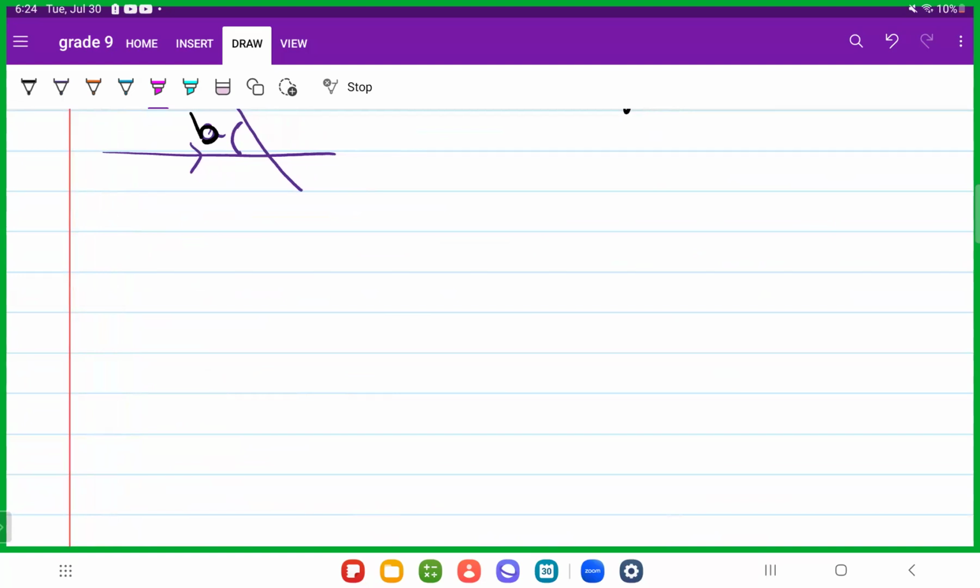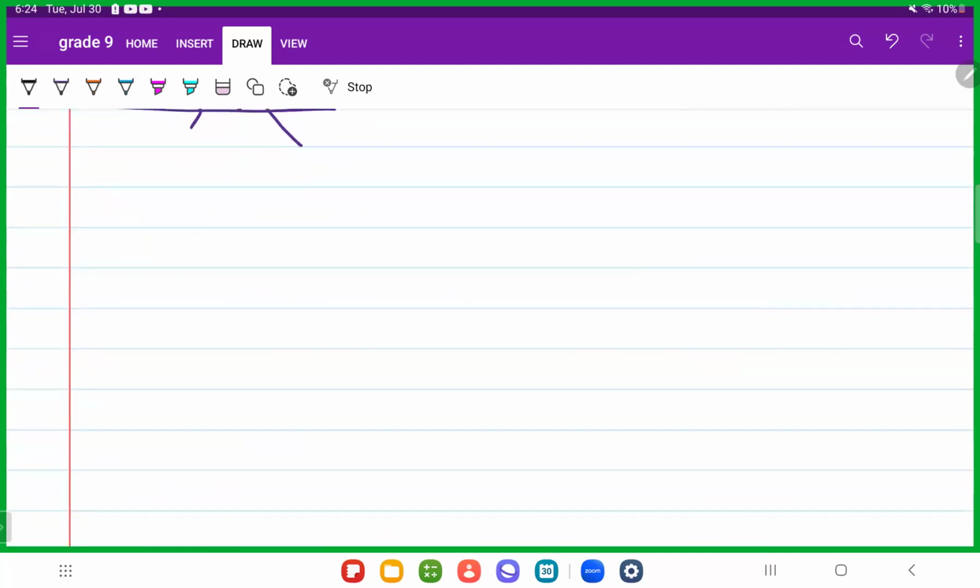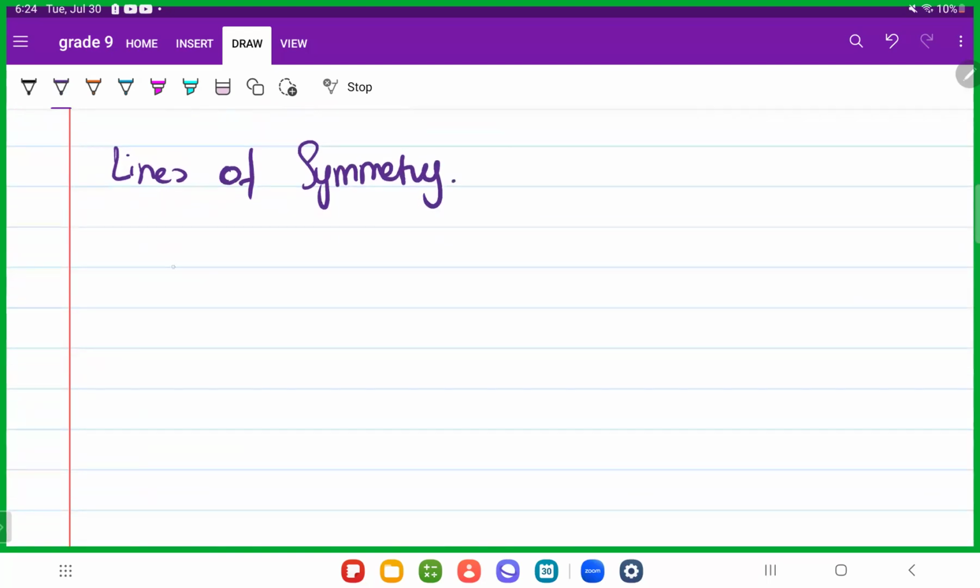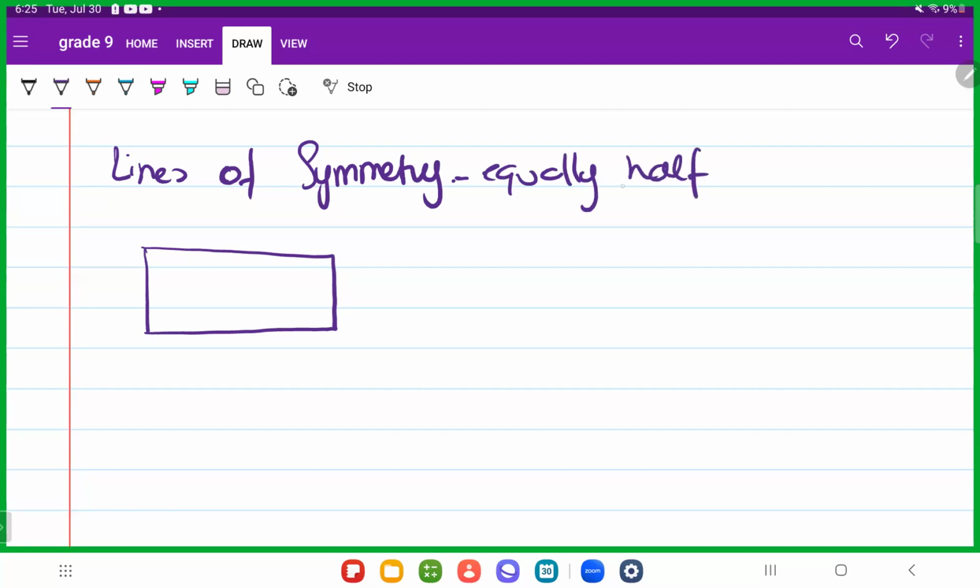Now I want you to look at lines of symmetry. Do you know what lines of symmetry are? So for example, this is my rectangle. Symmetry basically means equally half. It's a mirror image.